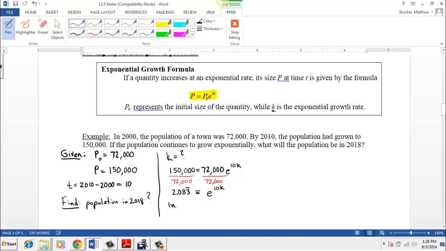So we have the ln of 2.083 equals, and we know when we ln this side, the e cancels with the ln, and we just get 10k. And then, of course, we can divide by 10 to get k by itself. And this will give us what k is equal to.